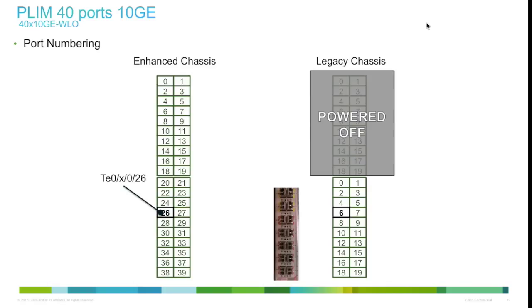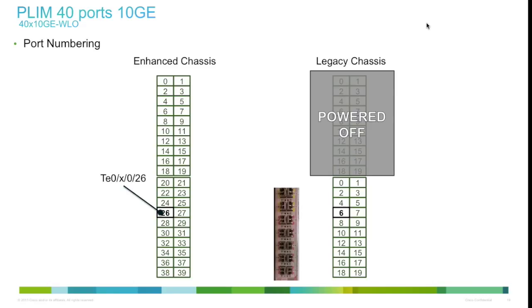Also, it's important to understand how the card will behave depending on the type of chassis it will be inserted into. On the left, the port numbering on enhanced chassis will be from 0 to 39, from the left upper side to right on bottom side.